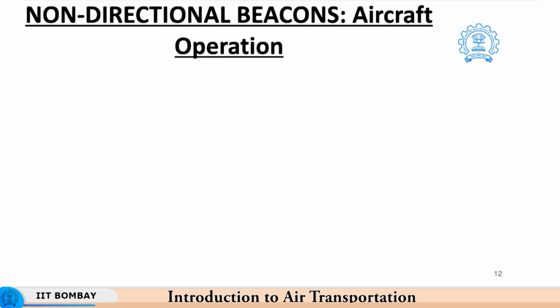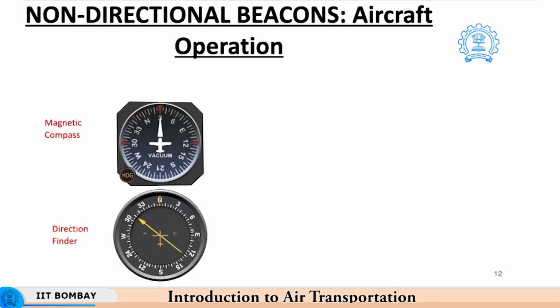Now, let us see how the operation or the usage of this equipment occurs in flight. To carry out navigation using the NDB equipment, we need to make use of an additional equipment that is on board with us, that is the magnetic compass.